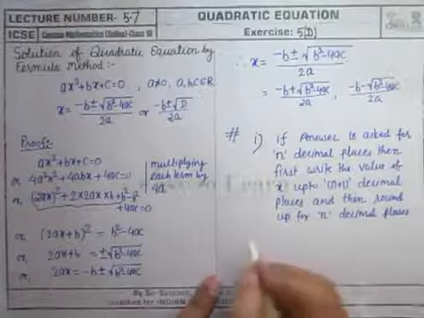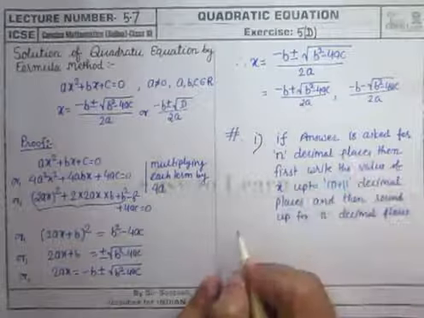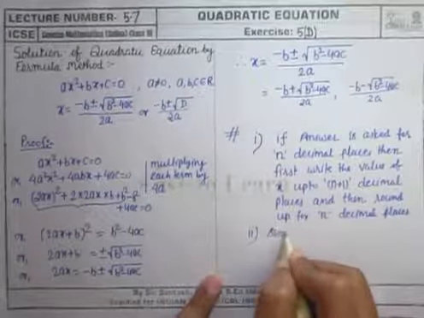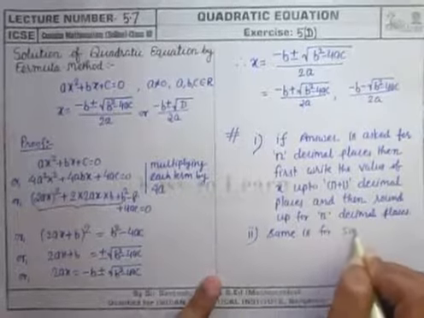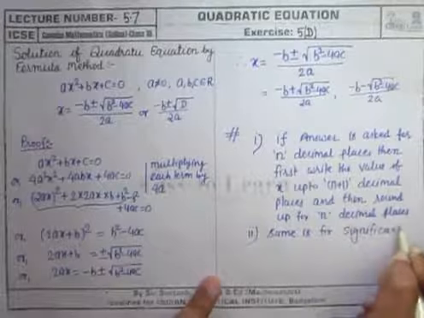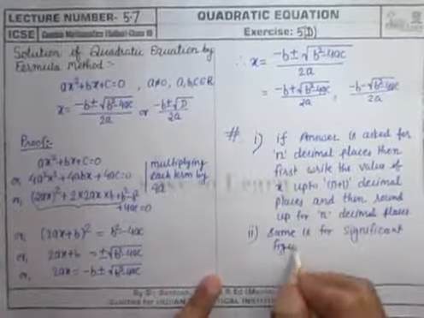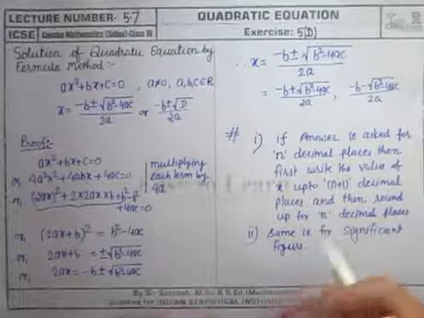Next, the same is true for significant figures also. If it is asked to write the answer up to 2 significant figures or 3 significant figures, then use the same rule.